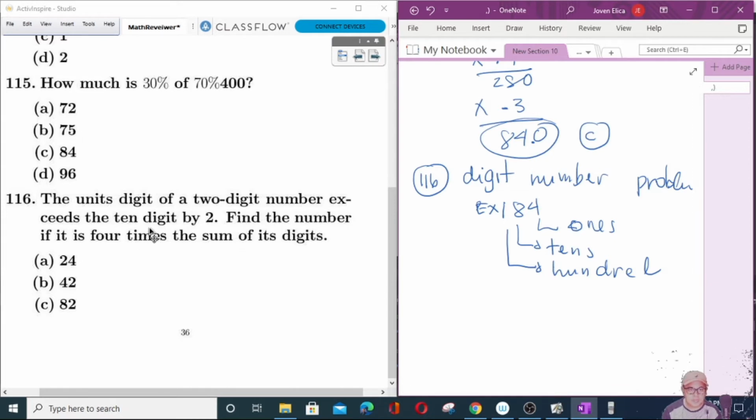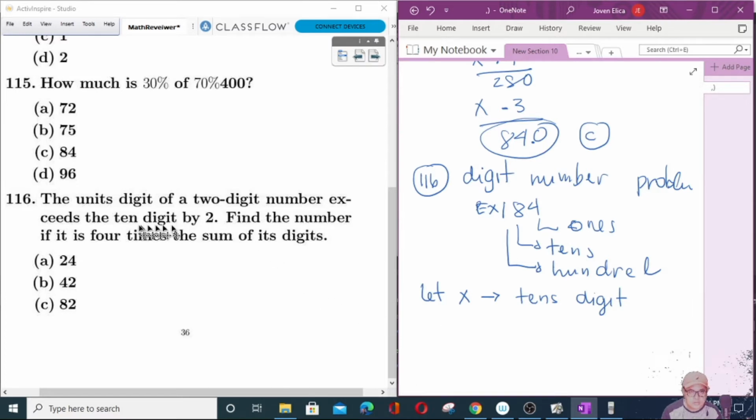The unit digit of a two-digit number exceeds the tens digit by 2. Find the number if it is 4 times the sum of its digits. In this case, we need to let x be the tens digit, because this is a two-digit number.